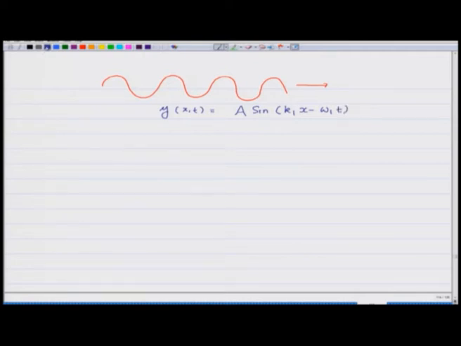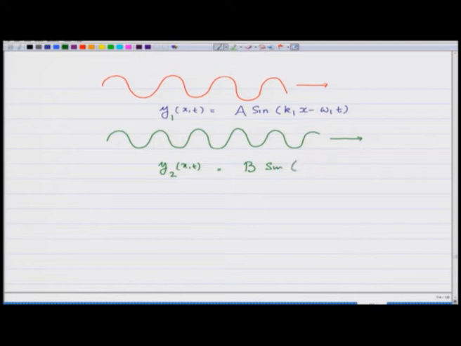Another wave which is slightly different in frequency, very slightly, also travelling in the same direction, I call this y2, the first one being y1, is equal to some amplitude b sine(k2 x minus omega2 t).